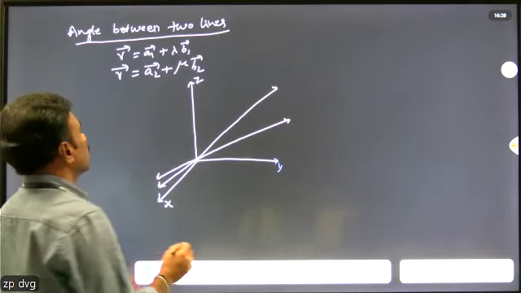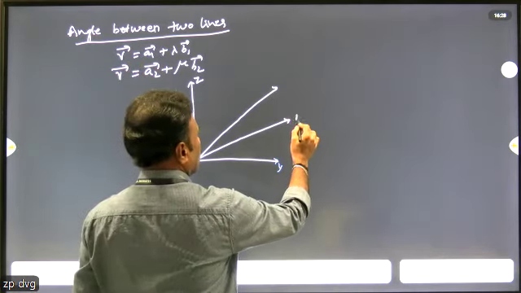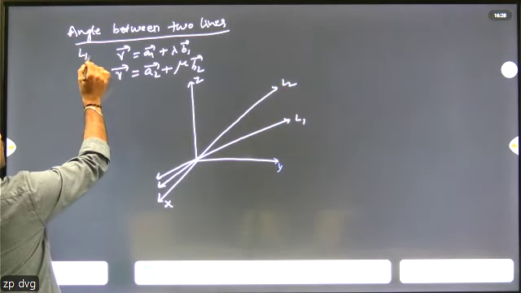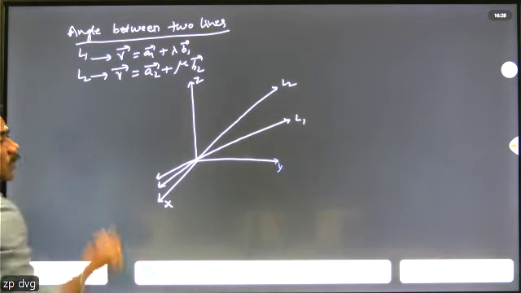One line is r bar is equal to a1 bar plus lambda b1 bar. Suppose I am taking this is L1 and this is L2.